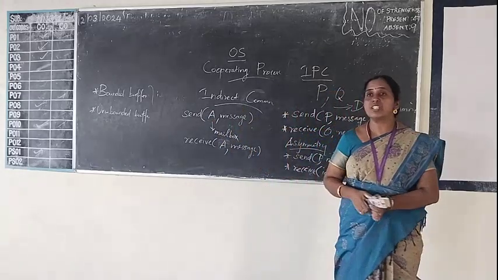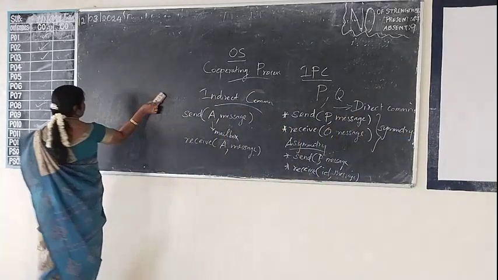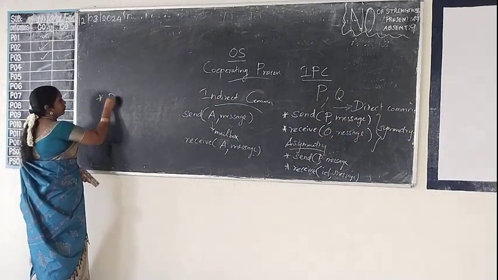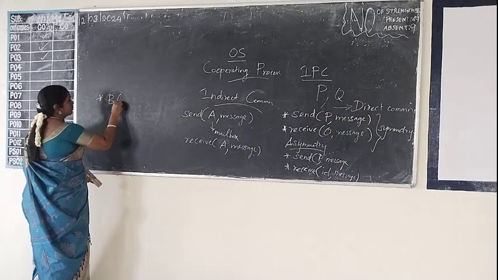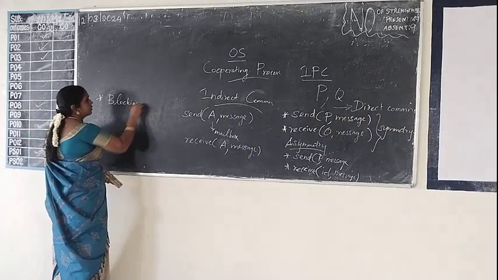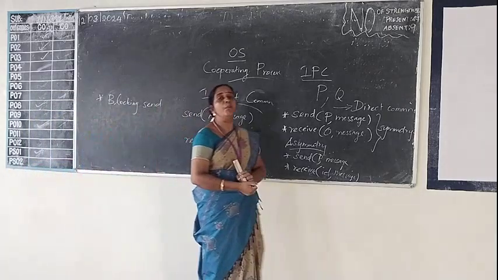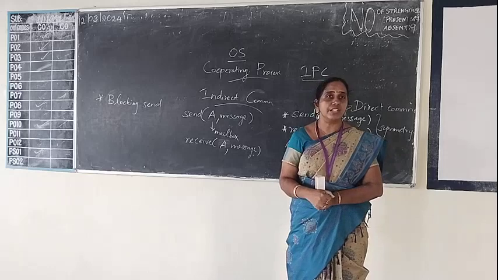Then synchronization. There are many synchronization primitives used. The first one is blocking send. Blocking send means the sending process is blocked until the particular message is received by the receiver.